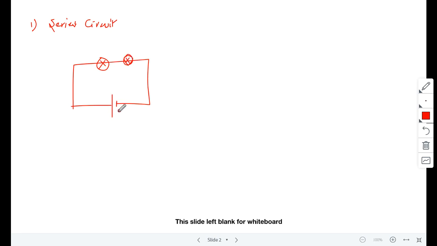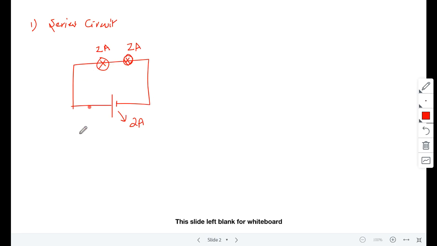So if 2 amps of current is flowing from this battery, the 2 amps of current will flow through this component, and 2 amps of current will flow through this component. That means current remains same throughout the circuit and through each and every component. It should be same. Is this clear?